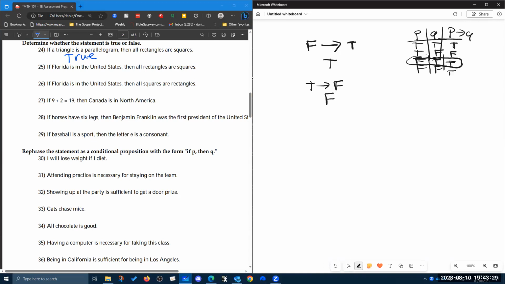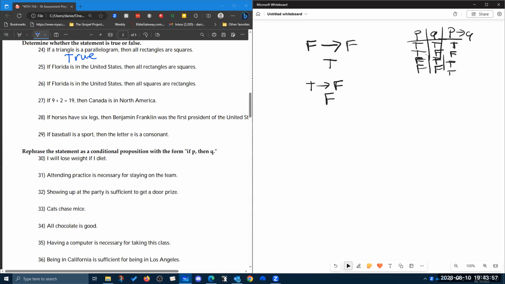There are plenty of rectangles that are not squares. I had read that backwards before, but we're on this row down here in the first example, and we're on this row here in the second example.